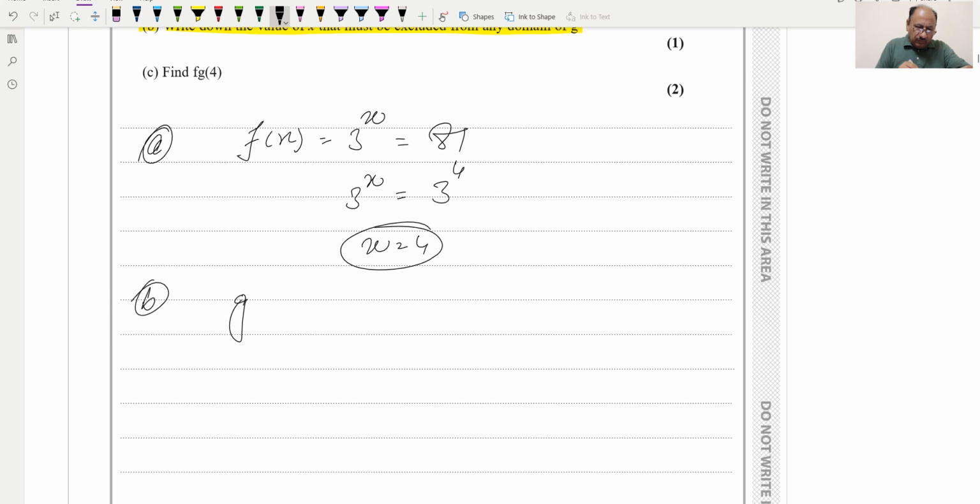The denominator should not be 0, because 15 over 0 will be undefined. So we can write 2x minus 3 is equal to 0, so 2x is equal to 3 and x is equal to 3 by 2.